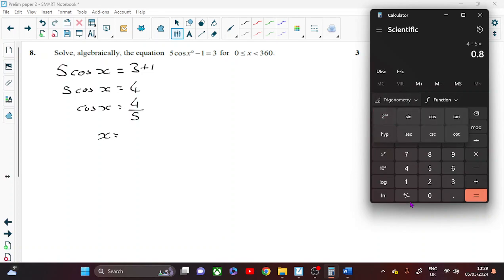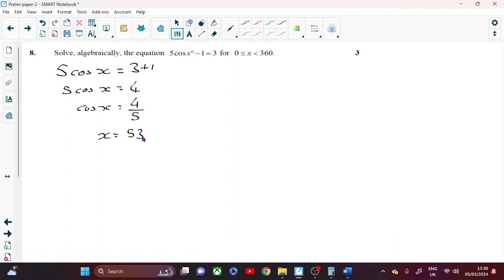Remember, you input it in however your calculator takes it. Most take the cos to the -1 first. So that's 53.13. I'm just going to call it 53 degrees to the nearest degree. And we want it between 0 and 360.